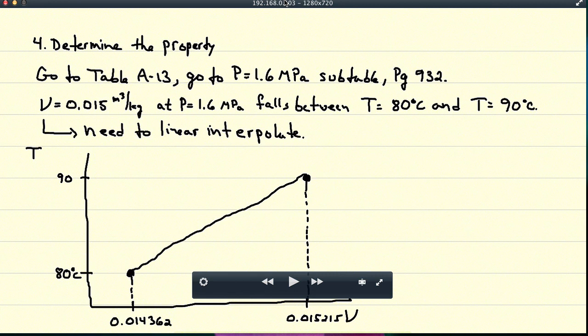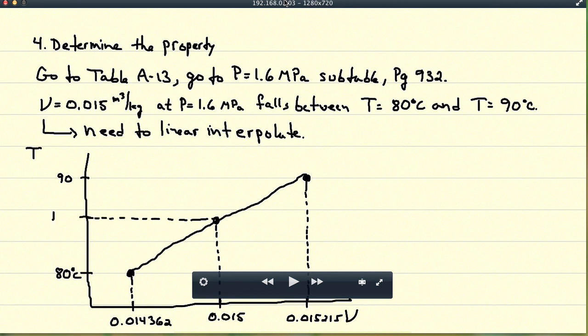And the other piece of information that I know is that the specific volume of my substance is exactly equal to 0.015. So that means that my temperature of my substance at that specific volume and pressure is going to be equal to whatever this value is over here.